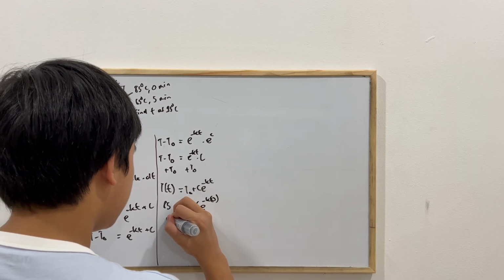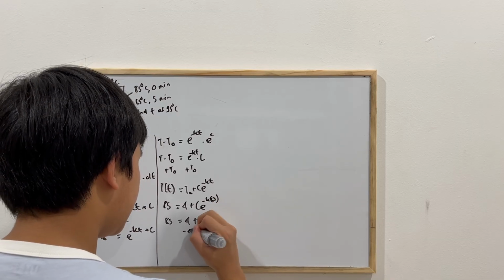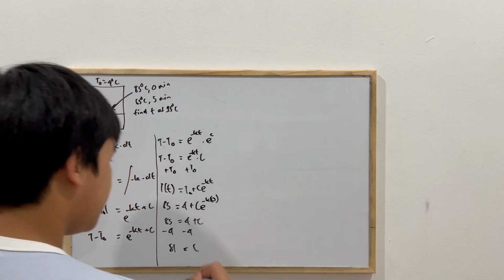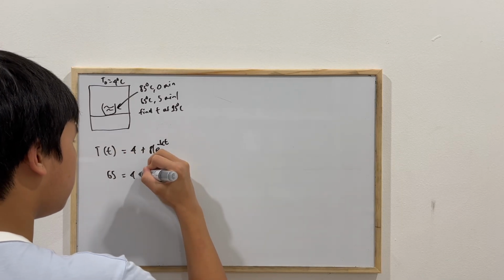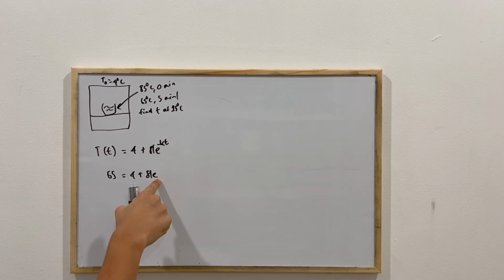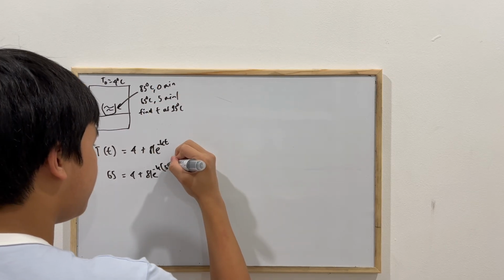So we can rewrite this as 85 equals 4 plus c. To get c alone, we can subtract 4 on both sides. So we get 81 equals our constant c. We can rewrite the function with 65 equals 4 plus 81e to the negative k, which we still don't know, and t is going to be 5 minutes.